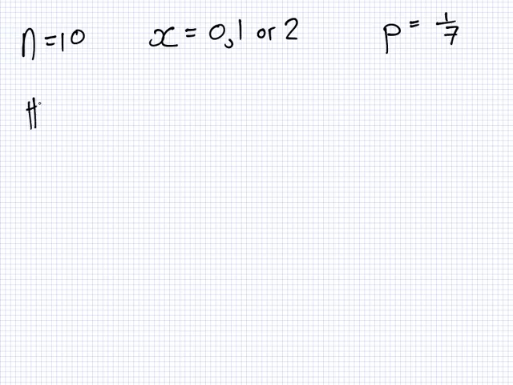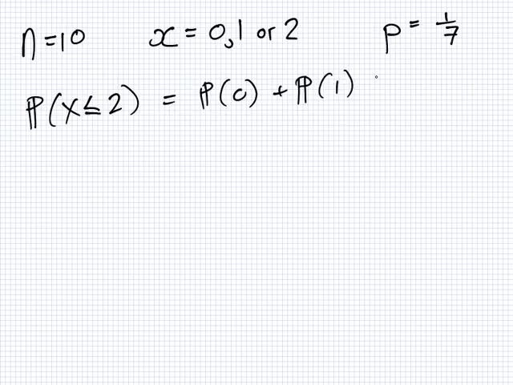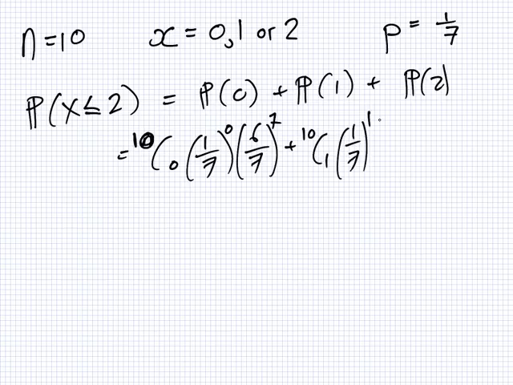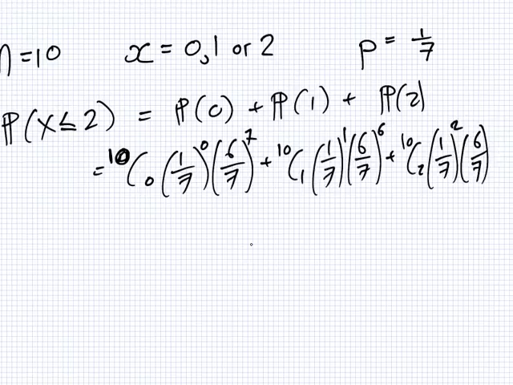So the probability of it being less than or equal to 2 will be the probability of getting a 0, a 1, or a 2, which would be 10C0, 1/7 power 0, 6/7 power 10, plus, why did I write n? It's 10. 10C1, 1/7 to the 1, 6/7 to the 9, plus 10C2, 1/7 squared, 6/7 to the 8. The first one as well is 10.